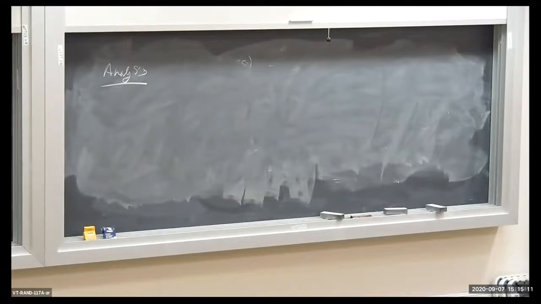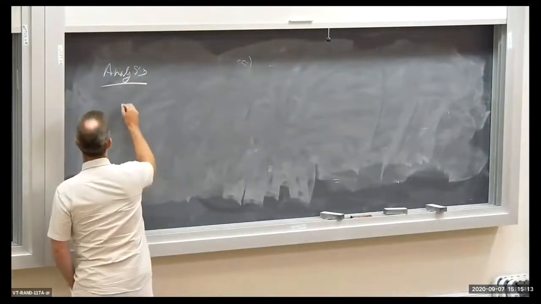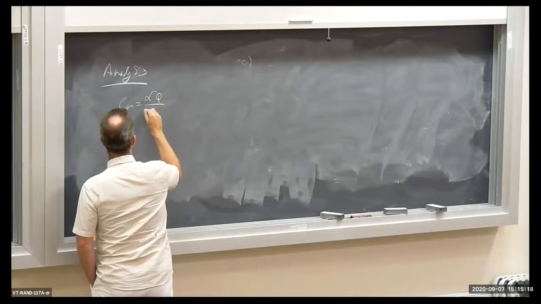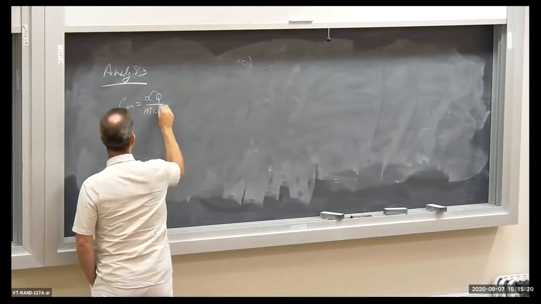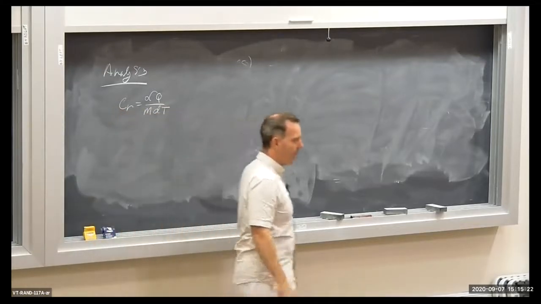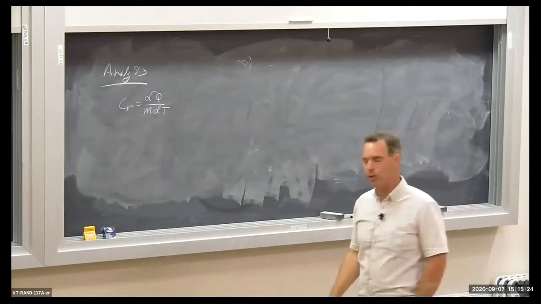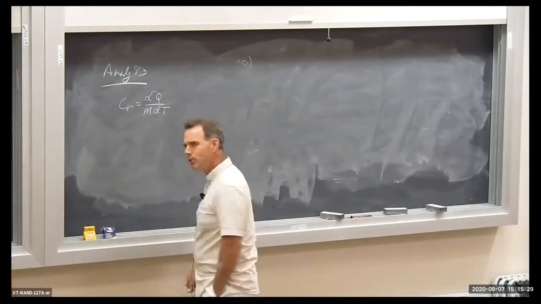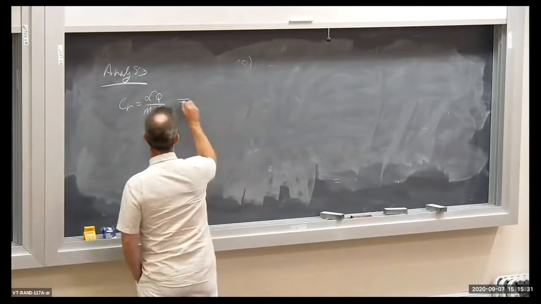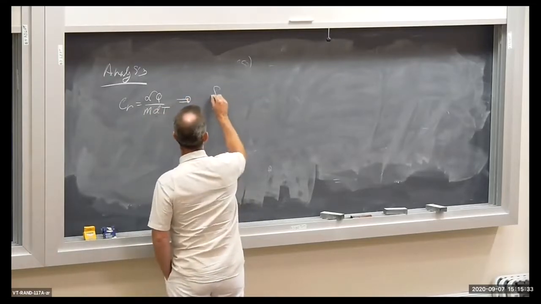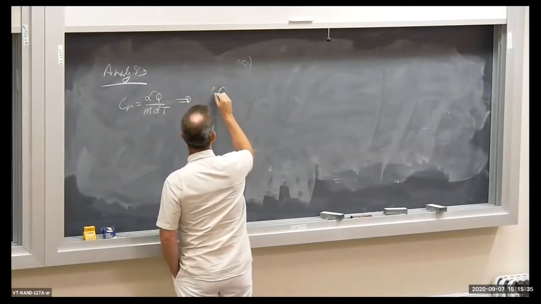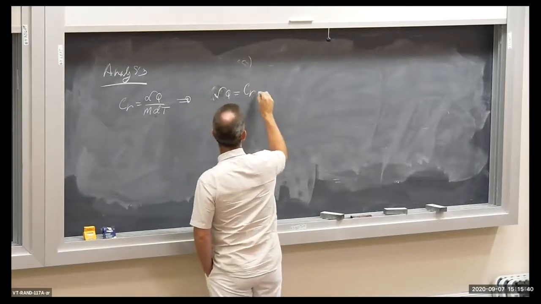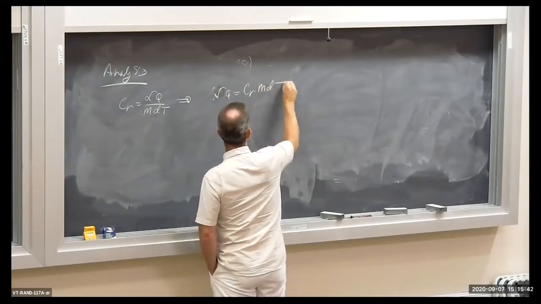So let's write down the definition of Cv. Cv is equal to the little bit of heat transfer divided by the mass of the system divided by the temperature change due to that little bit of heat transfer. Let's solve this for little bit of Q. Del Q is equal to Cv m dT.